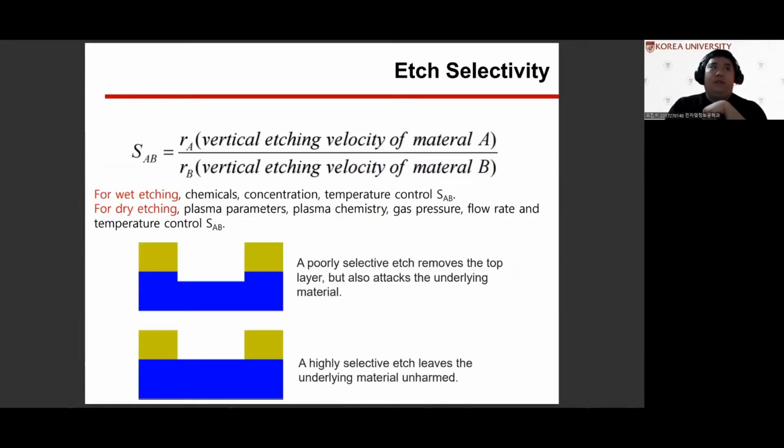Next, let's move on to etch selectivity. Etch selectivity is also important because we don't want to etch through the unwanted material. If we etch through the unwanted material, the structure can be destroyed.